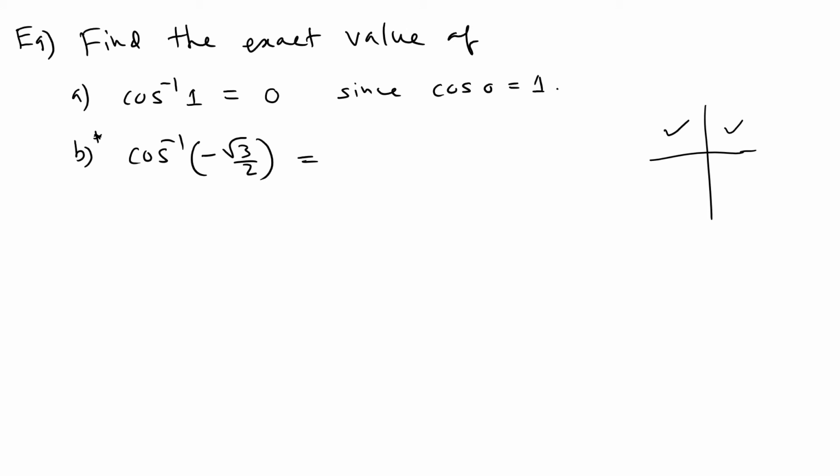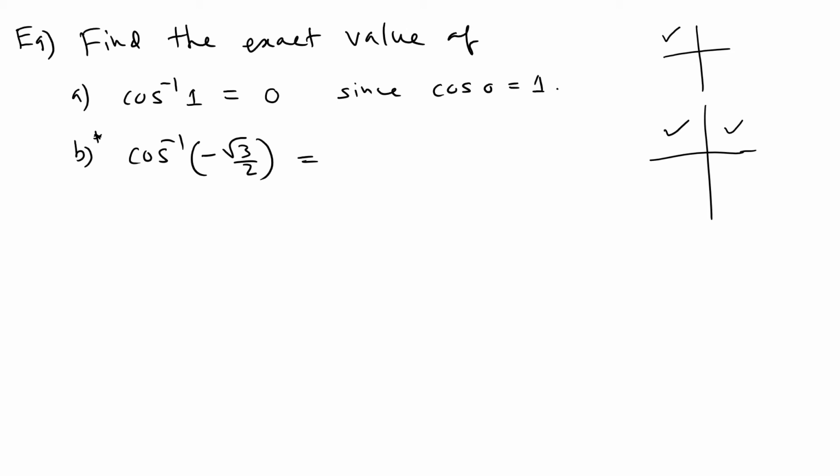You can see that in the second quadrant, cosine is negative. So we know that this angle has to be in the second quadrant.